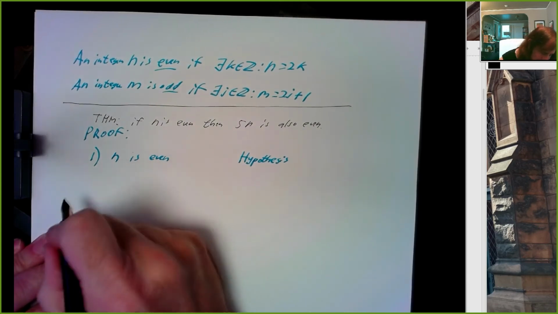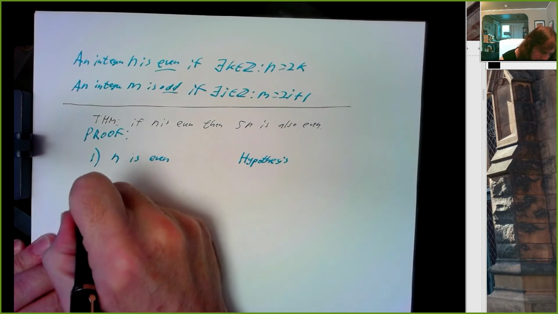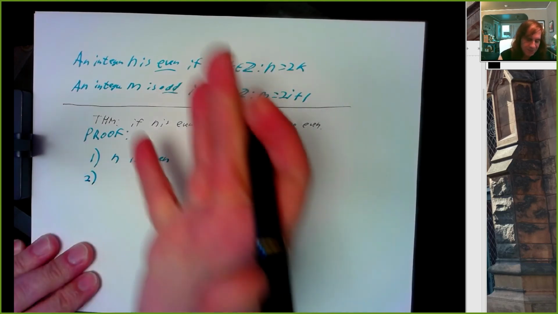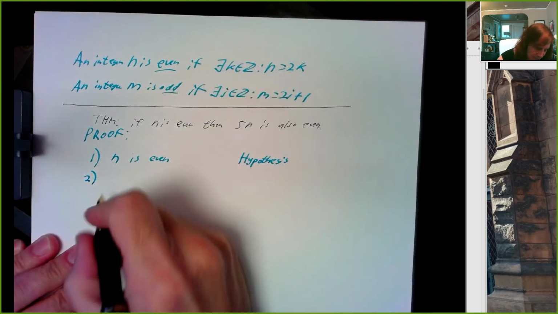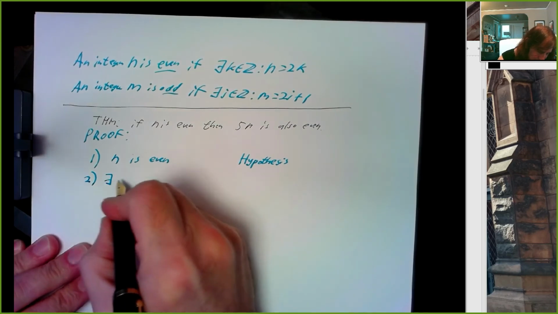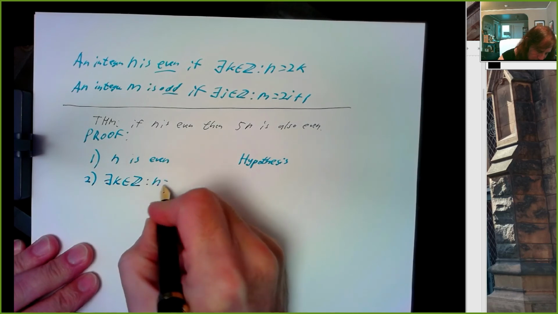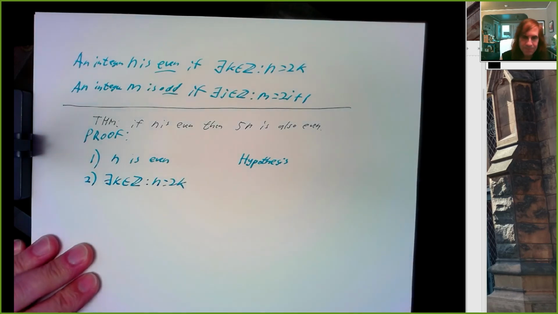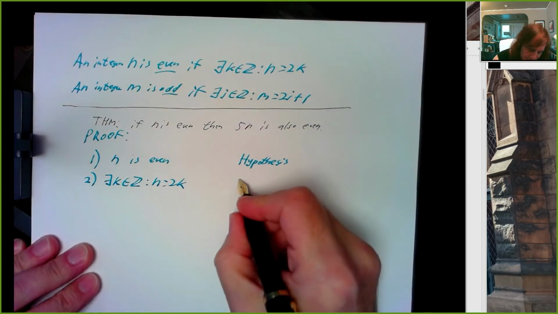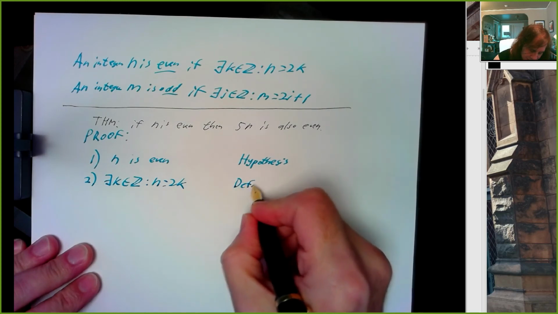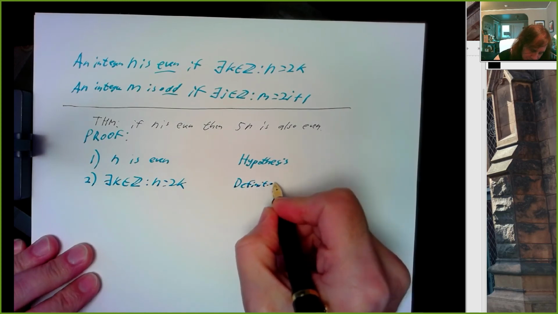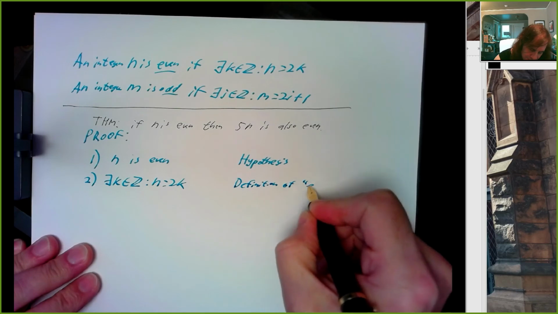So in this case, I've got one proposition, n is even. My second statement is simply going to use the definition. And I'm going to say there exists some number k in the integers such that n equals 2 times k. And my reason for that is definition of even.